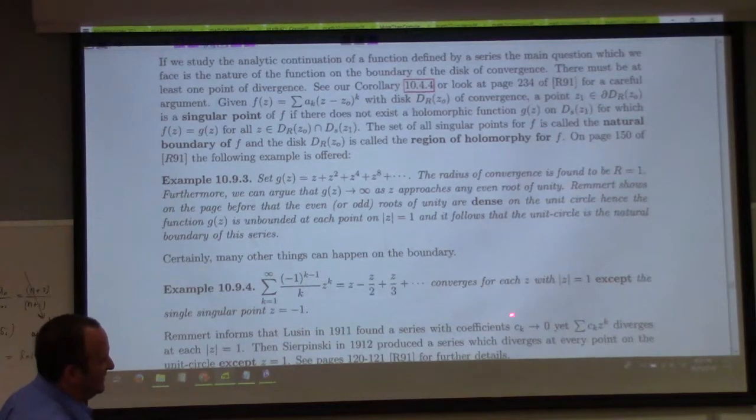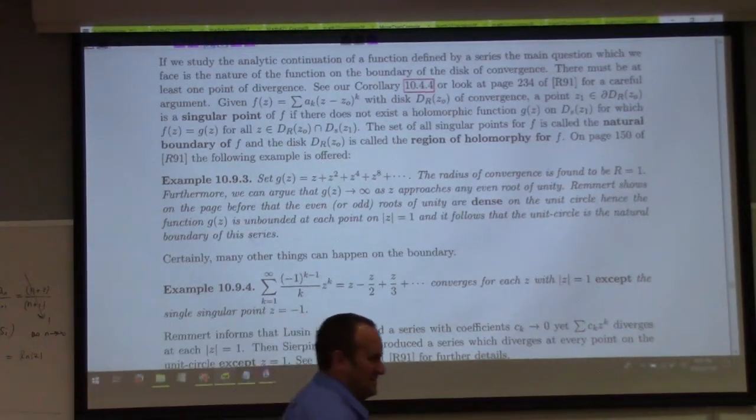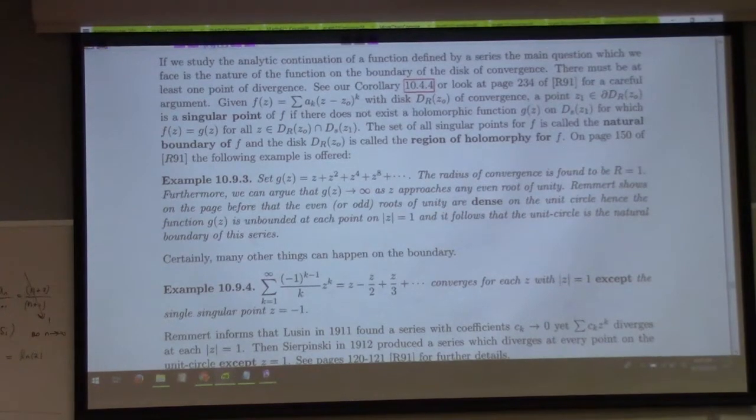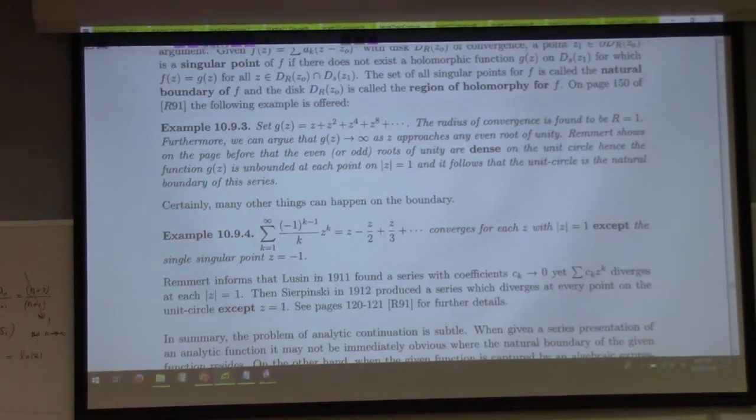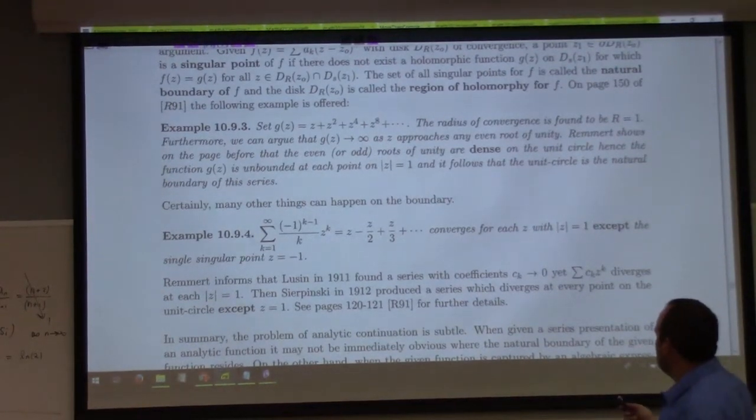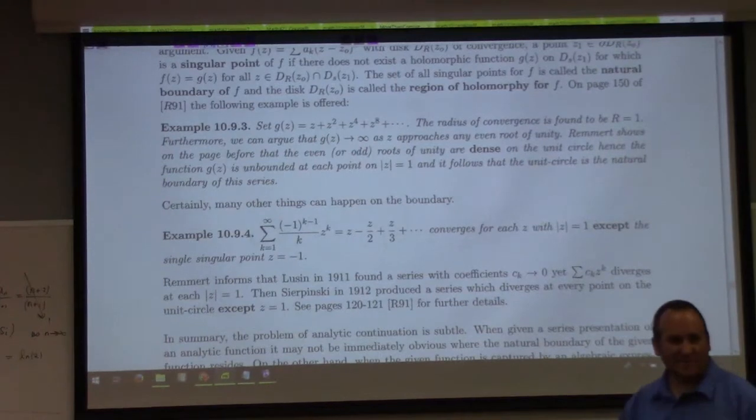This, on the other hand, fails. The nth term test is no help, and yet it still somehow diverges at every point on the unit circle. And then continuing this story of weird examples, Sierpinski, 1912, produces a series which diverges at every point on the unit circle except z equals to 1.